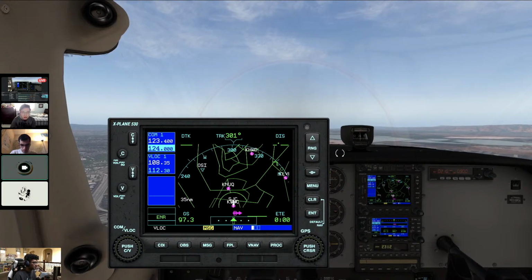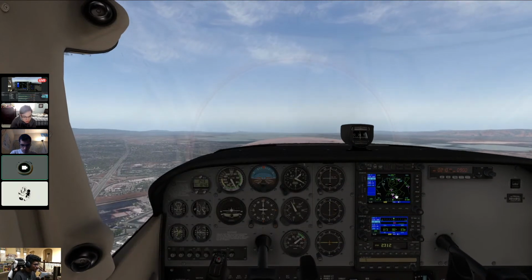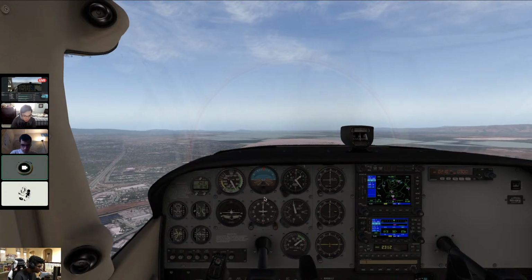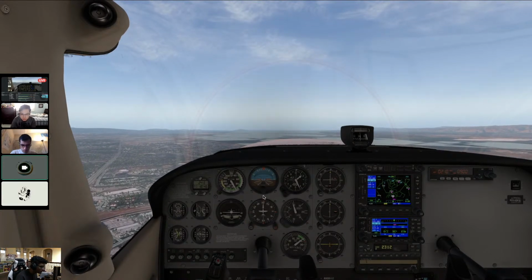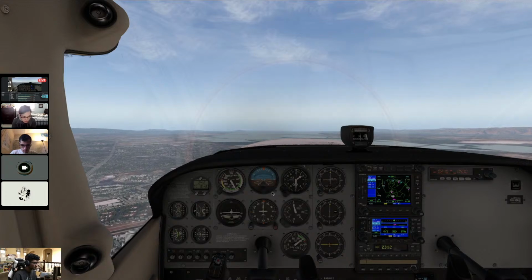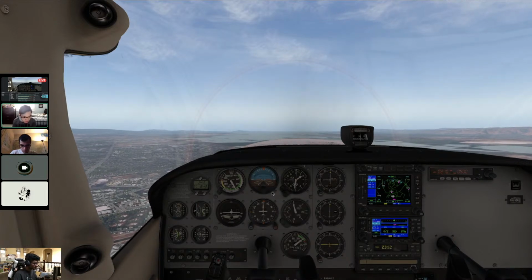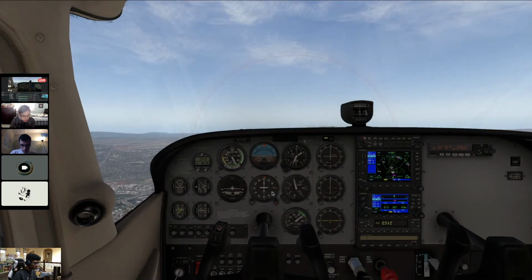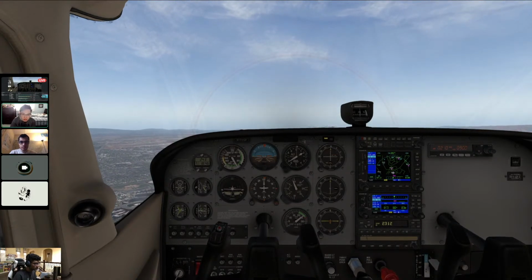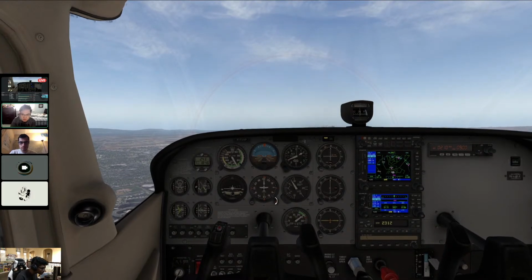San Jose departure, good morning, this is 172 Sierra Papa, climbing through 1,300 feet at 90 knots. November 172 Sierra Papa, NorCal departure. 3 miles north of San Jose Airport, fly heading 020, climb maintain 5,500.